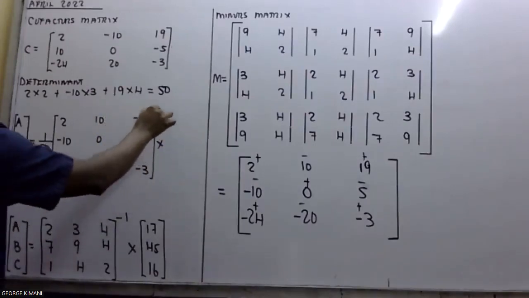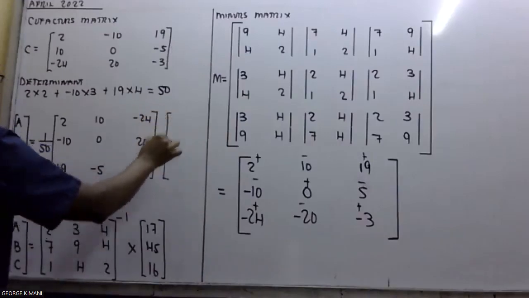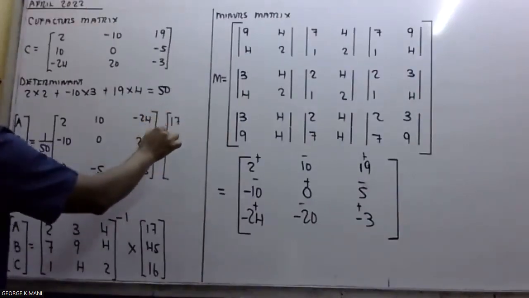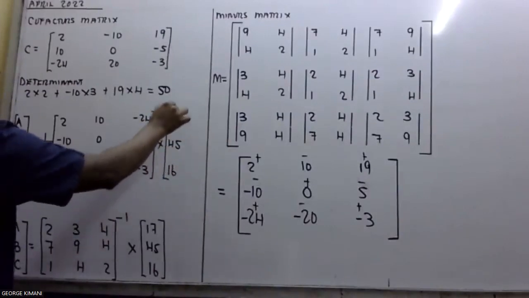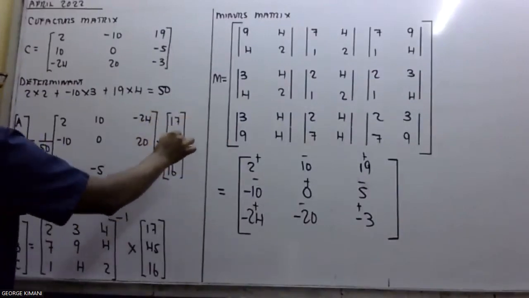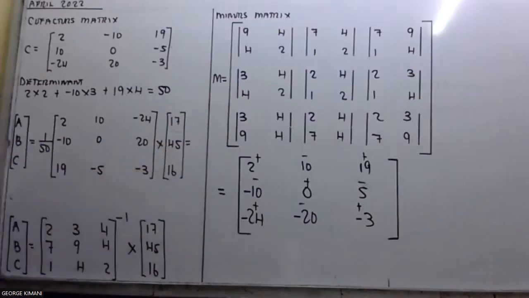You now multiply by 17, 45, and 16. So multiply that and you give me the answer.